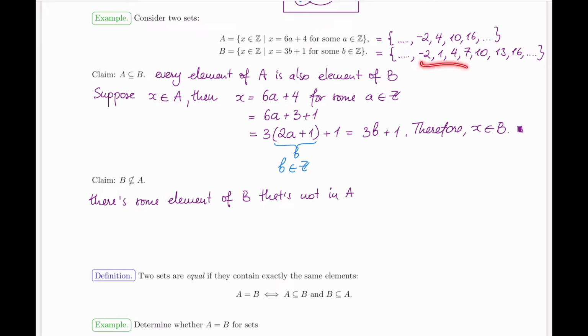So pick your favorite element out of the ones that belong to B but do not belong to A. Let's say I like the number 7, so I can see that 7 belongs to B. It's not as easy as just saying it clearly does not belong to A. Sure, it doesn't go between 4 and 10, it doesn't appear there, but that doesn't guarantee that it doesn't appear somewhere else in the ellipsis that I have been too lazy and economical to write out.